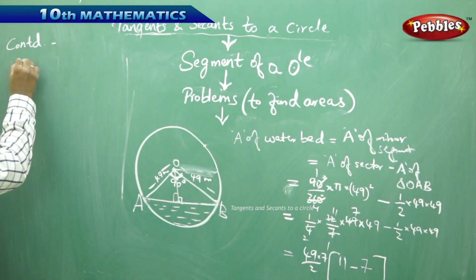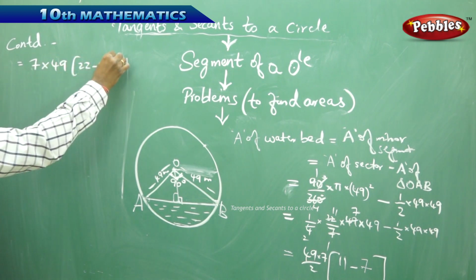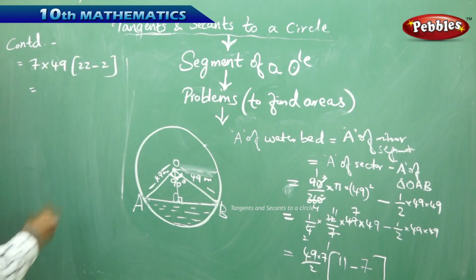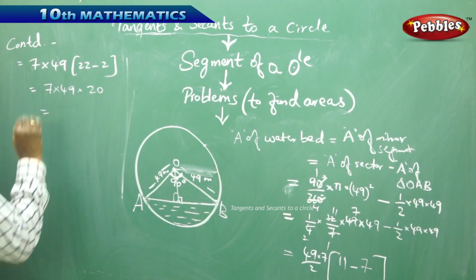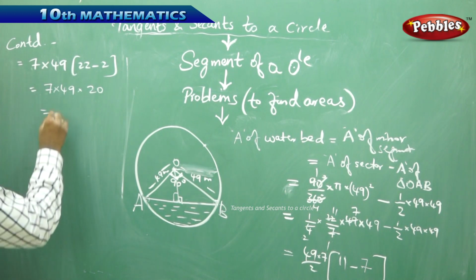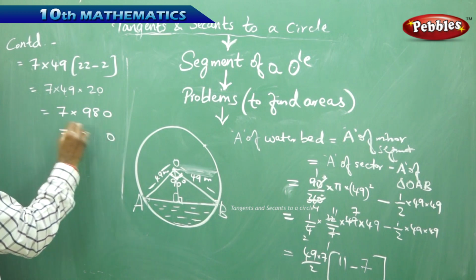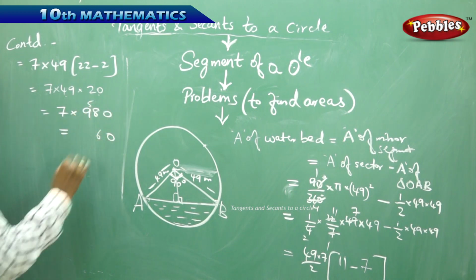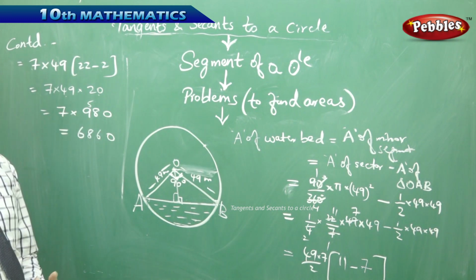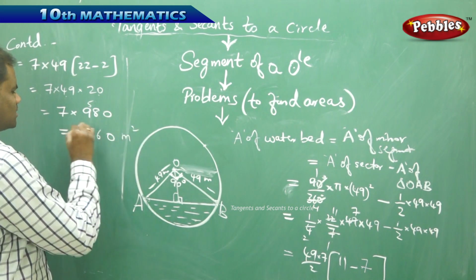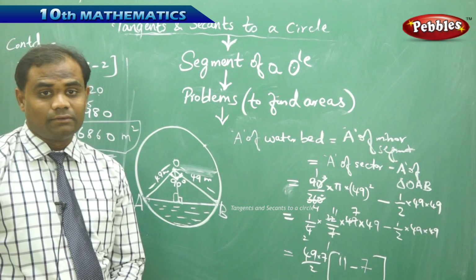So I got 7 times 49 times 22 minus 2, which on further simplification gives me 7 times 49 times 20. To simplify further, 7 times this is 980, and on further simplification this is 6,860 meter square, the area of the complete region which is not covered with waterbed.